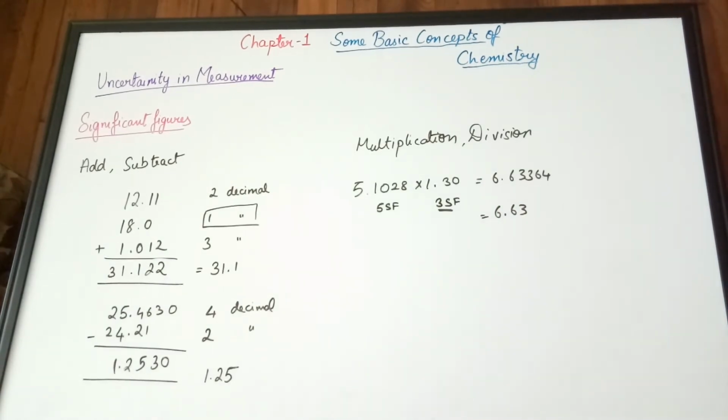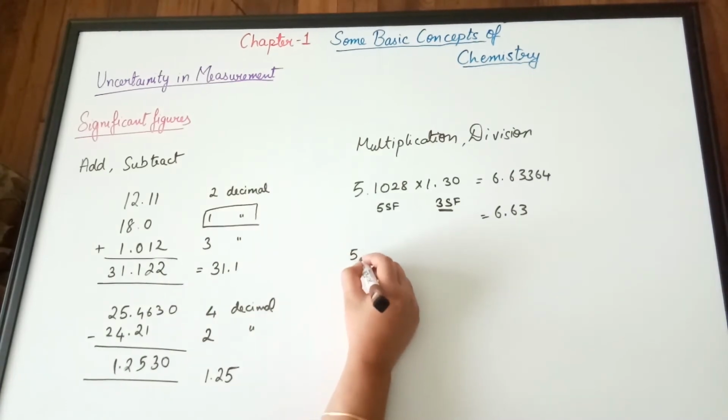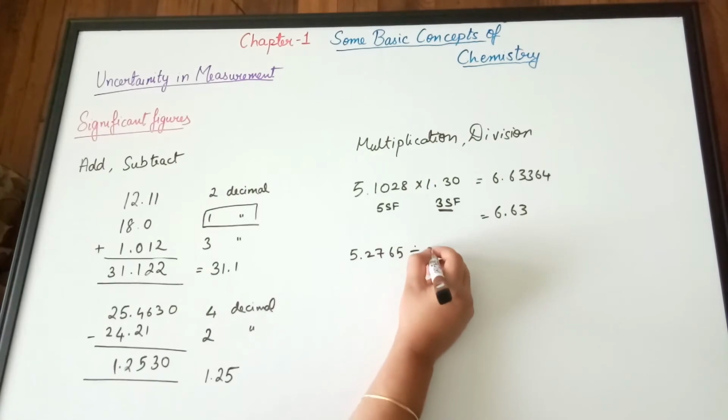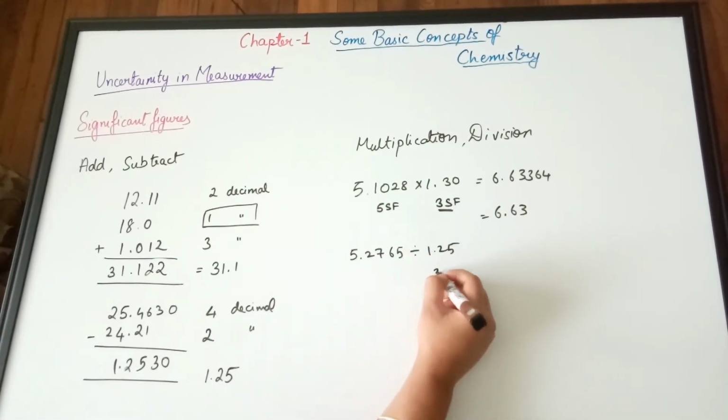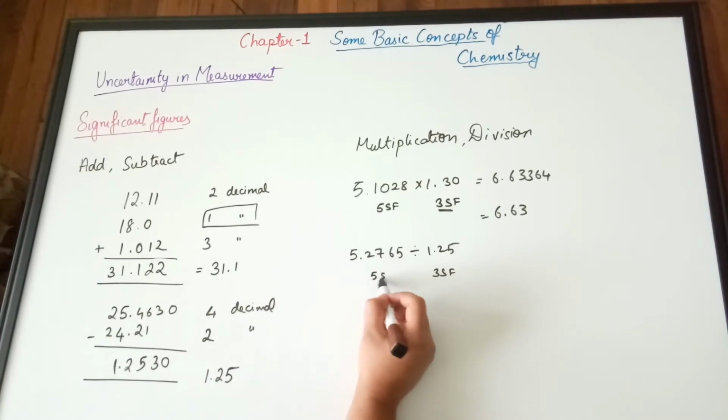Similarly, for division, 5.2765 divided by 1.25. This number has 3 significant figures, 1, 2 and 3, whereas this number has 1, 2, 3, 4, 5 significant figures.